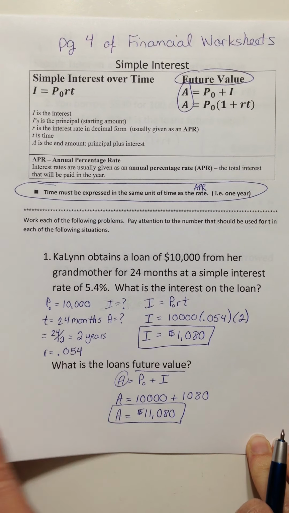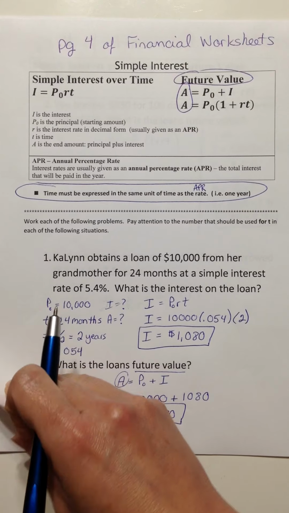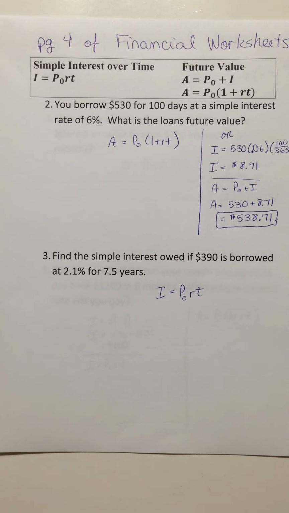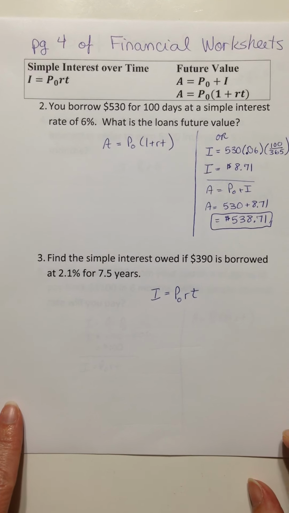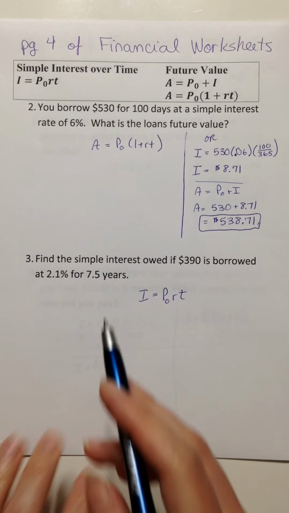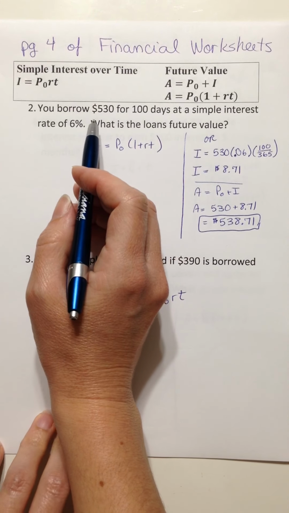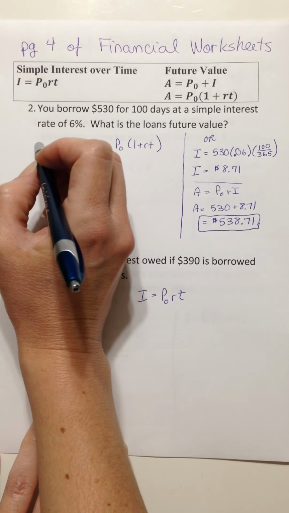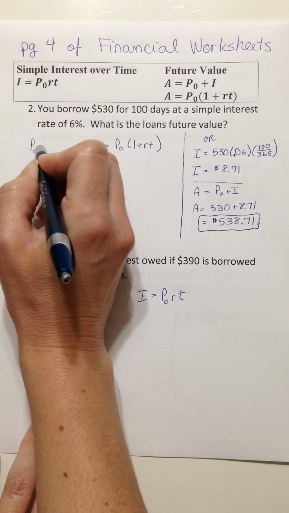Okay, let's look at number 2. So number 2 says you borrow $530 for 100 days at a simple interest rate of 6%. What is the loan's future value? So we're borrowing $530. So that's the principal.